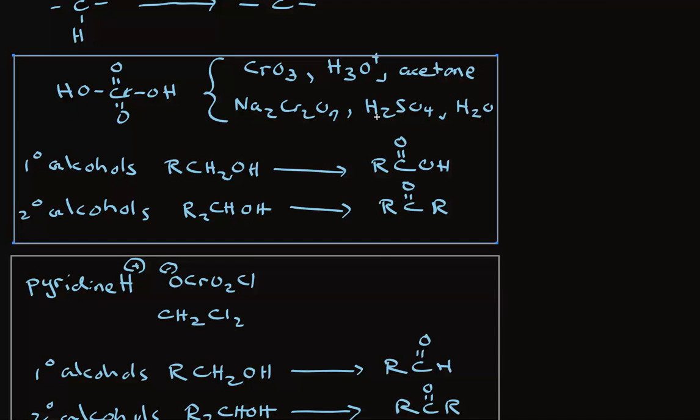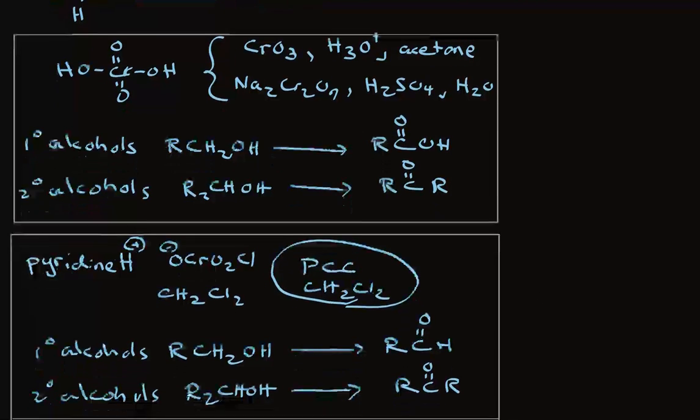Primary alcohols to aldehydes, you'll use pyridinium chlorochromate, which we call PCC, with methylene chloride. And rather than remember all of this stuff, it's just fine with me if you remember this guy. And so there you have a summary of it.